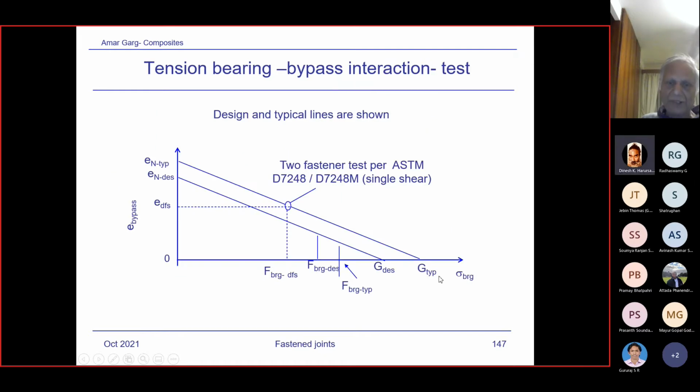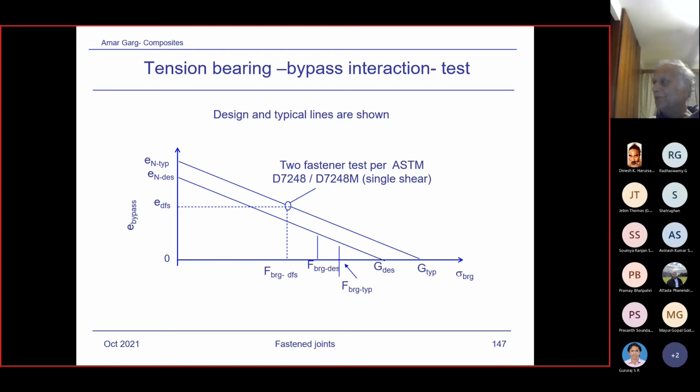I won't go into the details of this, and then to plot the design, I've just considered, based on this typical to design value, we'll factor it and determine this line. And this is all explained in my write-up, how to generate bearing bypass interaction.